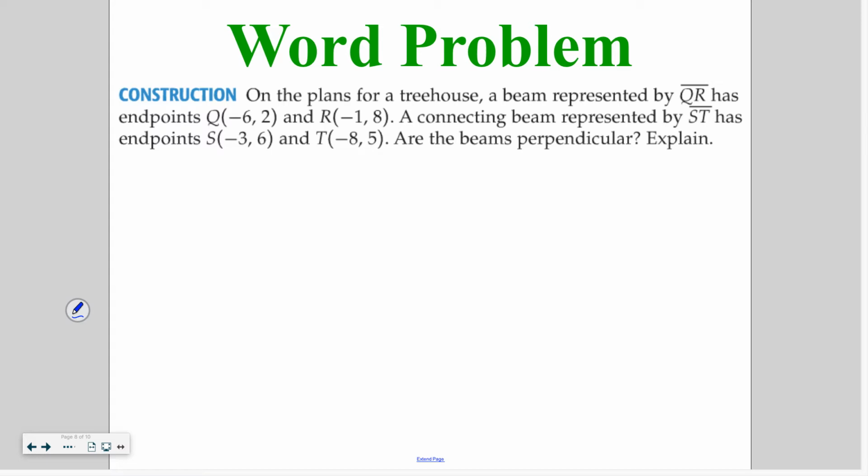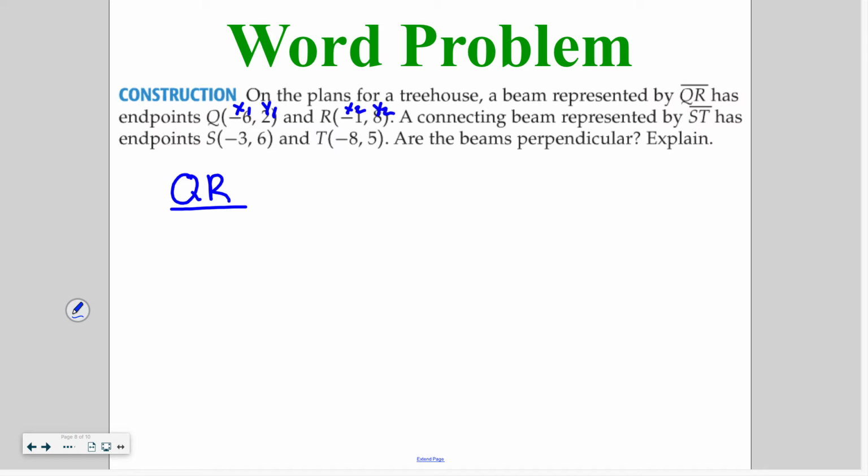So we're looking at, on the plans for a treehouse, a beam represented by QR that has endpoints at Q and R. The connecting beam represented by ST has those two endpoints. We are looking to see if the beams are perpendicular, which means we need to find the slopes. So first, looking at QR, I'm going to label this x1, y1, x2, y2.